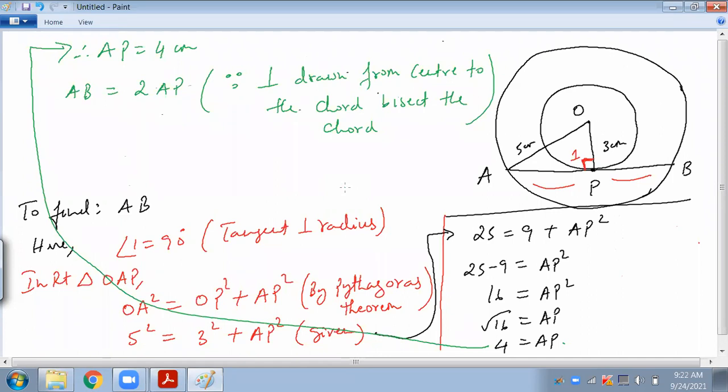This is a class 9 theorem. What you have learned in class 9, we are using it here. We know that AP and BP will be equal, or the whole thing, AB, will be 2 times any of these parts. We found AP, so AB we can find. So AB is 2 into 4. That means AB is equal to 8 cm.